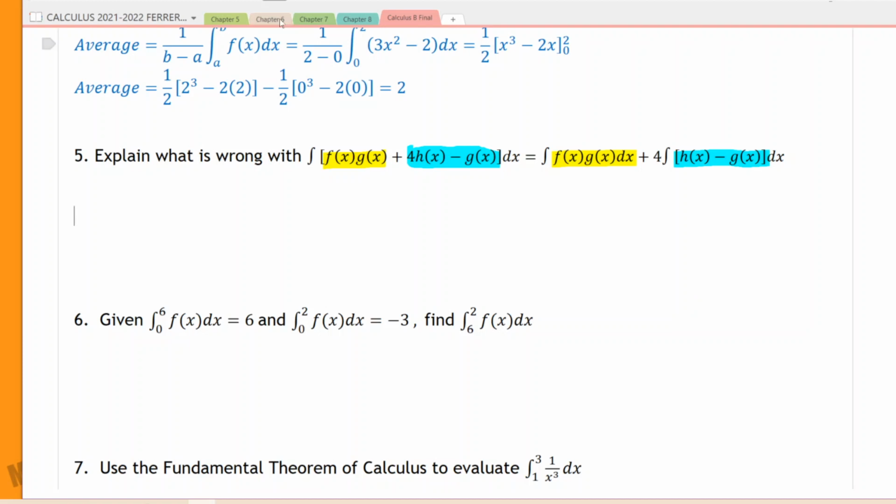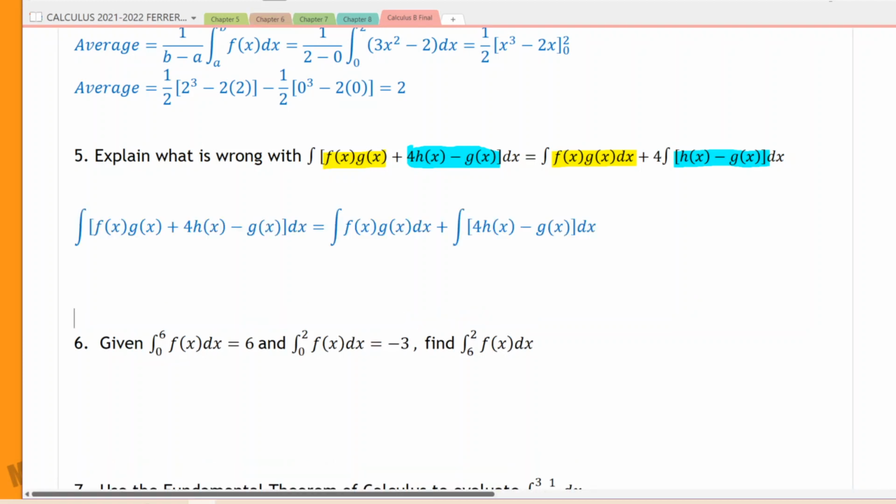So let's see how this should have been done. If we are going to put this into two integrals, then the first integral is going to be that f of x plus g of x, and this second integral is going to be 4 times h of x minus g of x. Notice how the 4 over here is on the outside of the integral, and over here it's on the inside of the integral. So that's one way that you might see it.